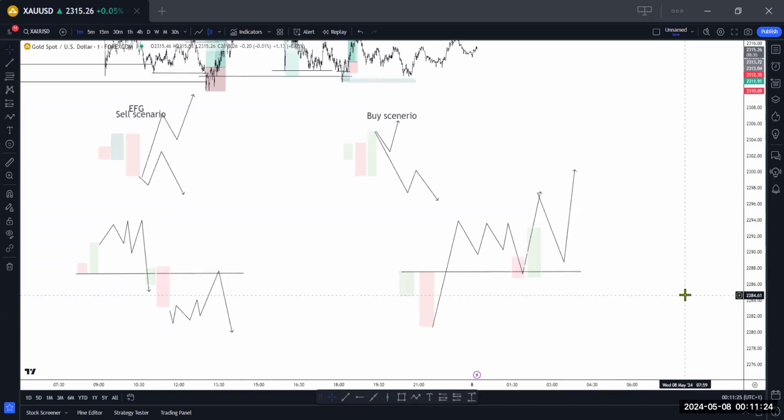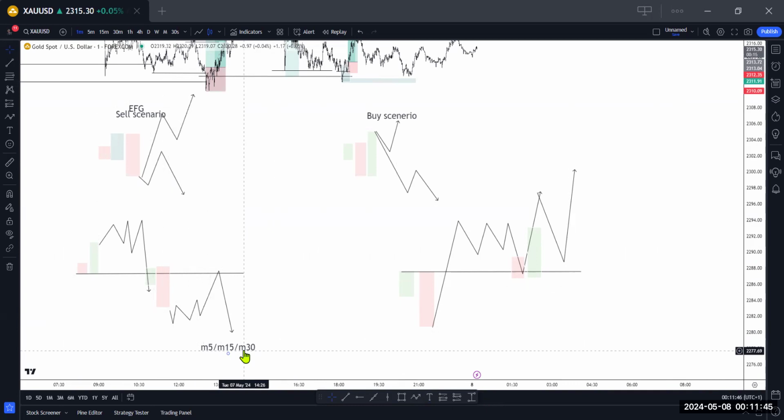So you look for them on 3 time frames. Continuation setups on M5, M15, and M30. What do I mean by continuation setups?